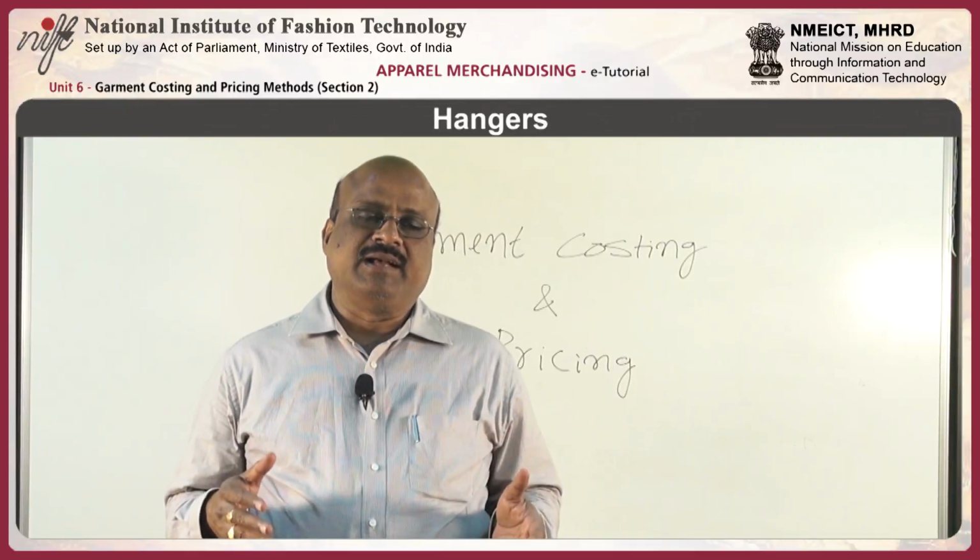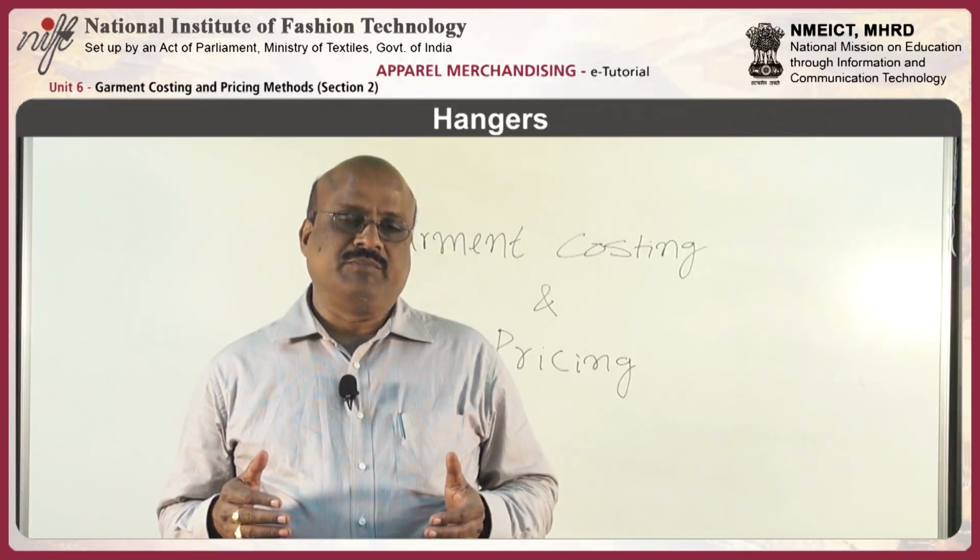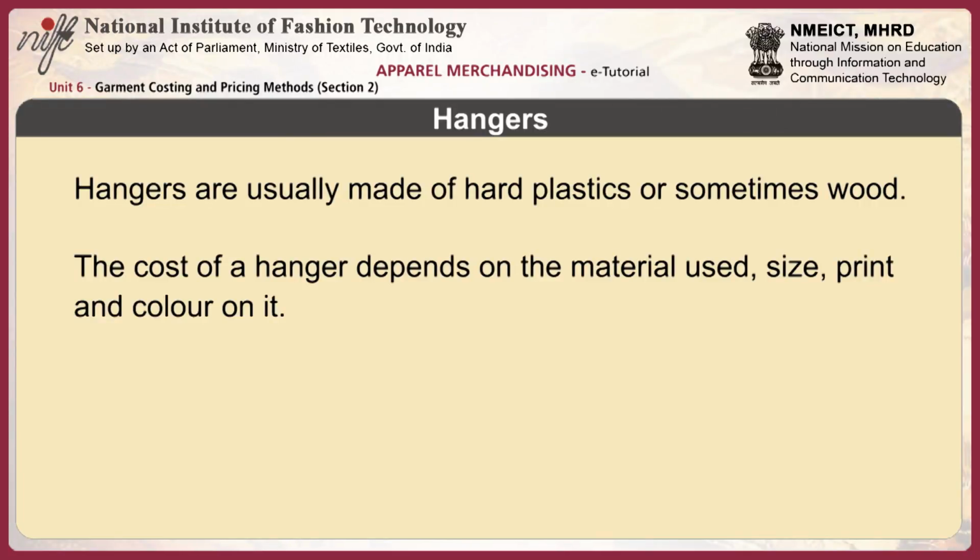The next thing is hangers. Hangers are another important trim material. They are usually made of hard plastic, or sometimes wood, so the material can vary. Mostly it is hard plastic, but in a specific case wooden hangers may be used. The cost of a hanger depends on the material used, the size of the hanger, and the print and color on it.